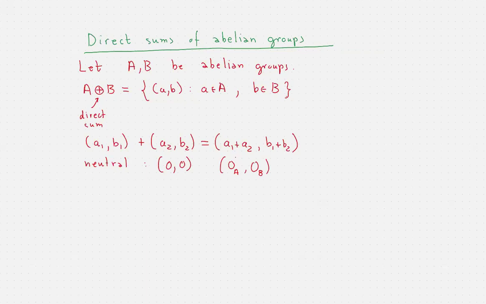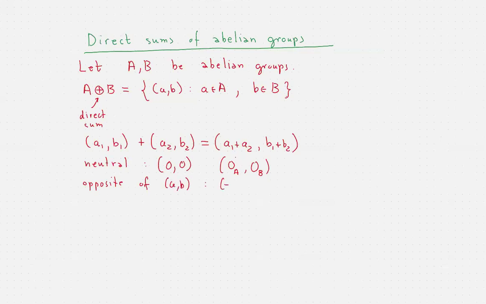But sometimes we simplify the notation by denoting both of them by a simple 0. And the opposite of (a, b), as I was saying a moment ago, is going to be (minus a, minus b).